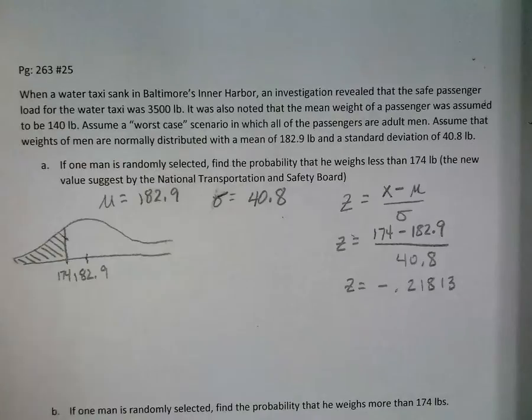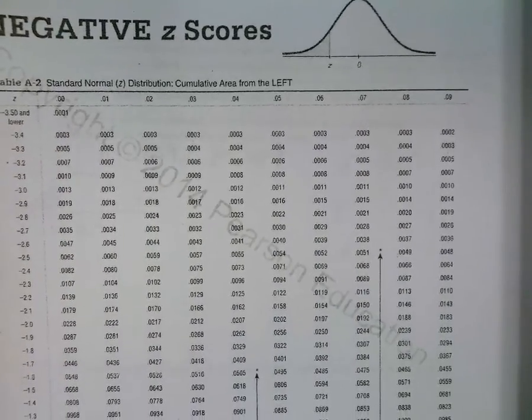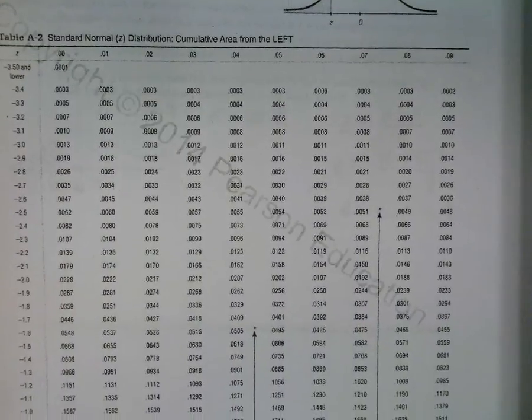So we wanted a z-score of negative 0.21813. Since we're dealing with hundredths place here, I'm going to round this to negative 0.22. So if we look at our z-table, look on the left-hand column, we find negative 0.2.